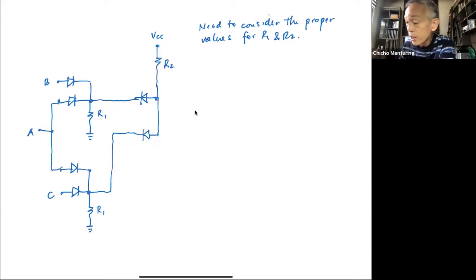So for example, let's say both A and B both be 0 volts. So if A and B are both 0 volts, then this is equivalent to an open circuit.